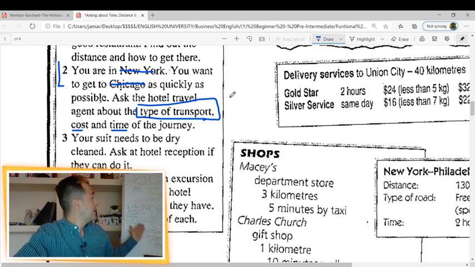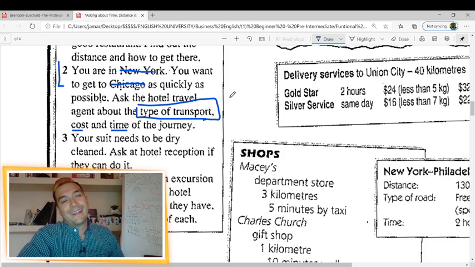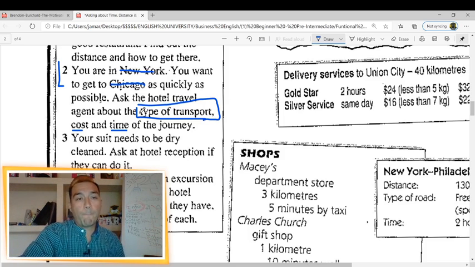Okay, excellent. That was distance, cost, time, or directions? Directions, because the transport, right? We're going to tell them, here's the bus or the taxi. Good. What's the next part?